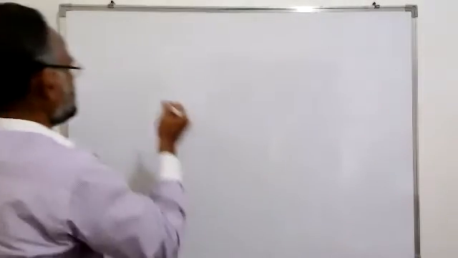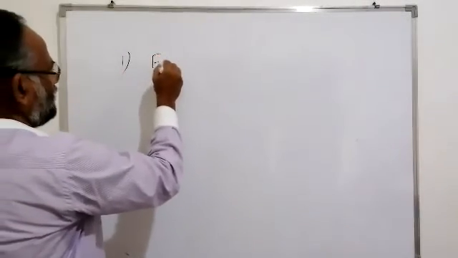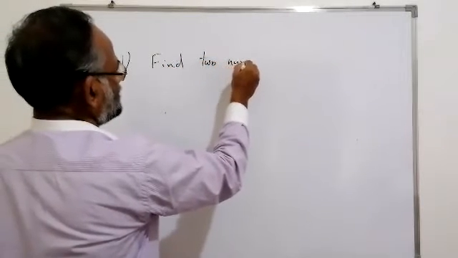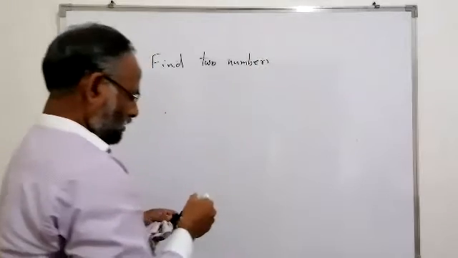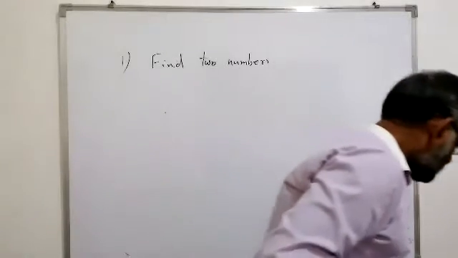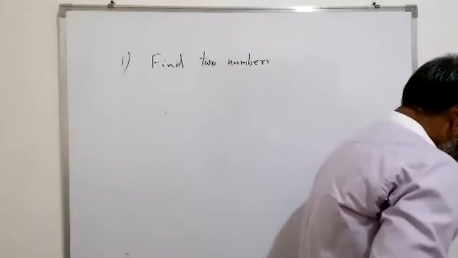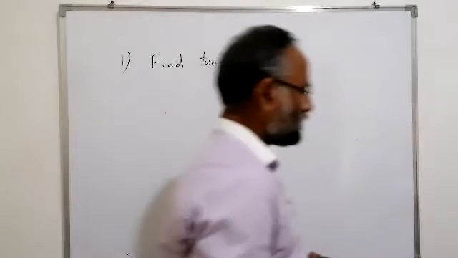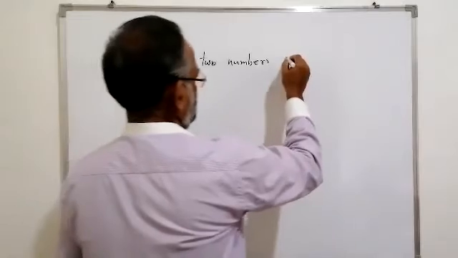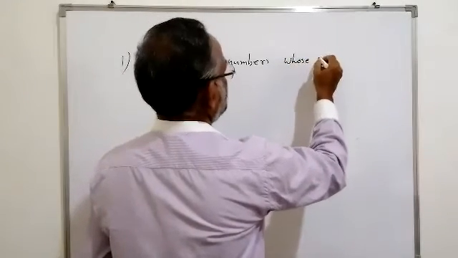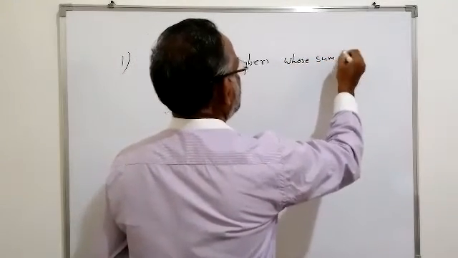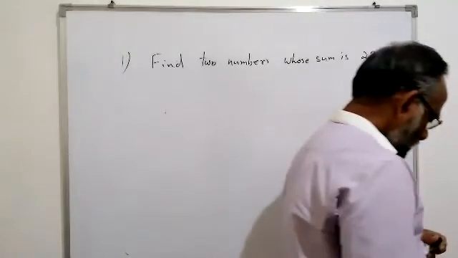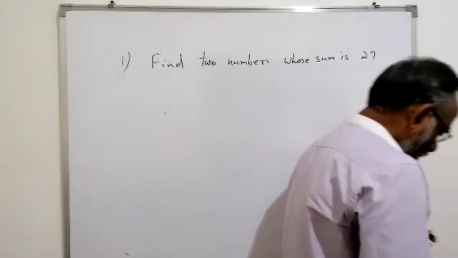Find two numbers whose sum is 27 and product is 182.